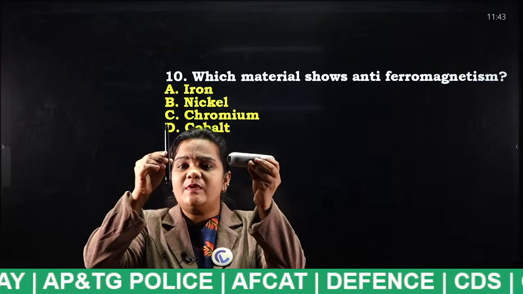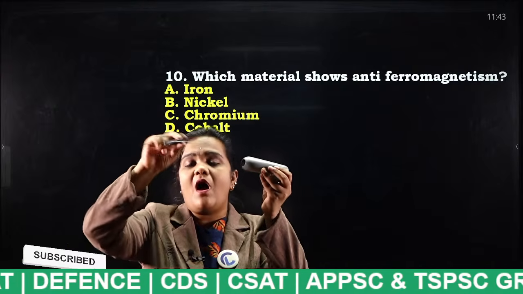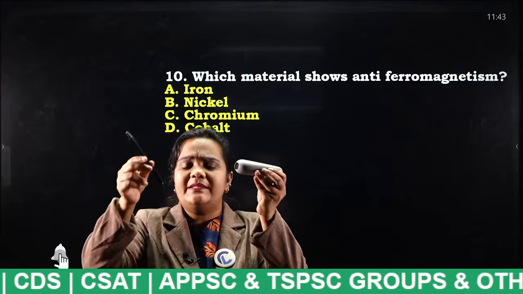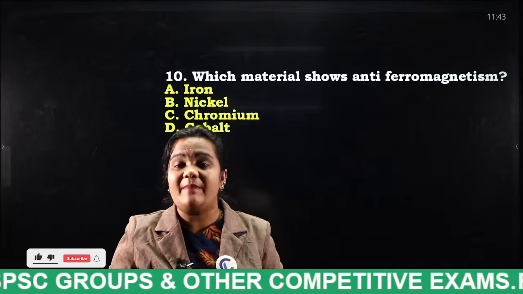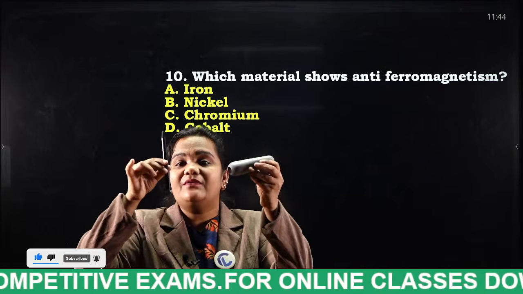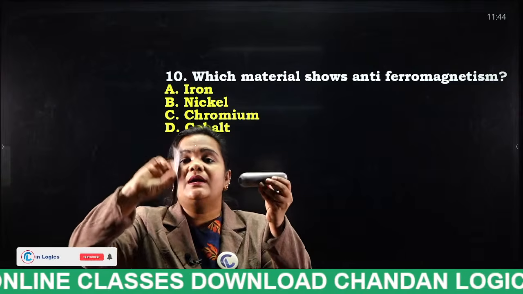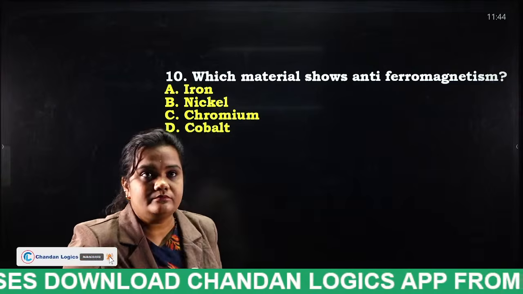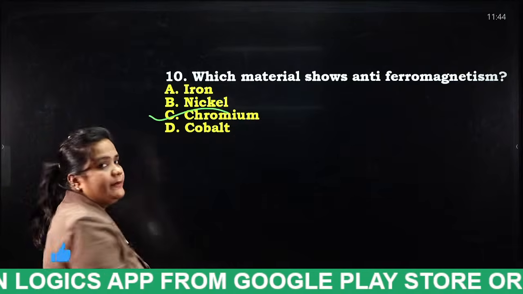So it is behaving like this, in the opposite direction. That means it is not exhibiting any magnetic properties. Why? Because the magnetic moments of antiferromagnetic materials are oppositely oriented. So what is the answer, students? Chromium.